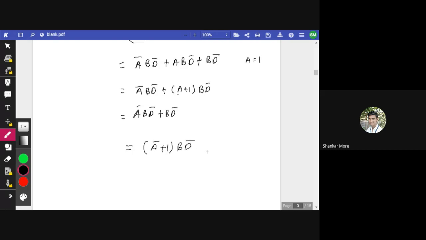Again a bar plus 1 is also 1. The value of a bar can be anything, it can be 1, it can be 0, but it doesn't matter. 1 plus 1 is also 1 and 0 plus 1 is also 1. So this would again become 1, and lastly we have b d bar. Okay, so that's the final answer.